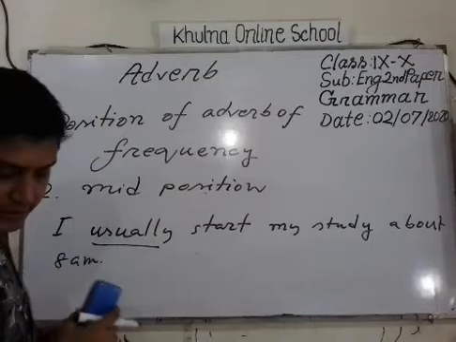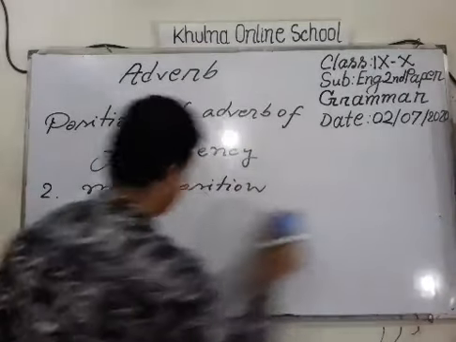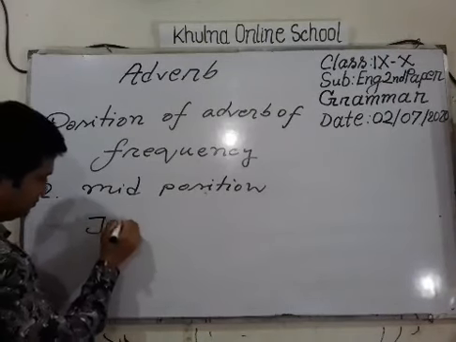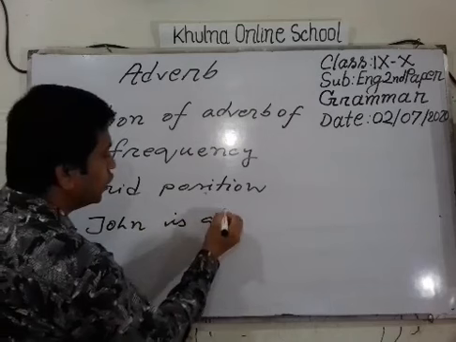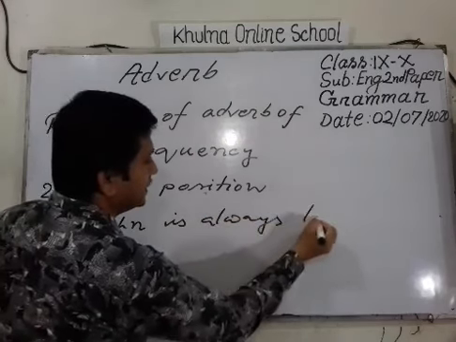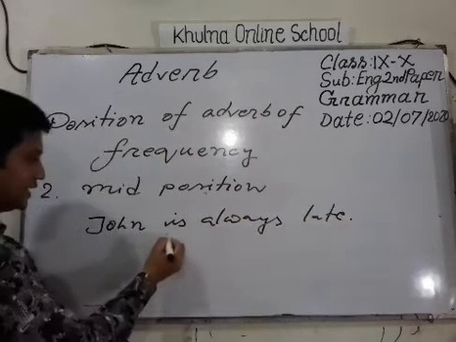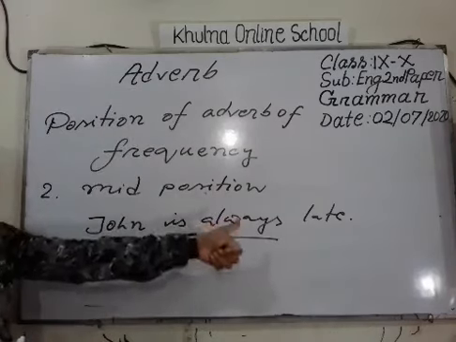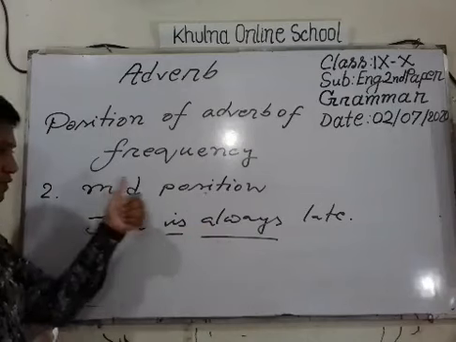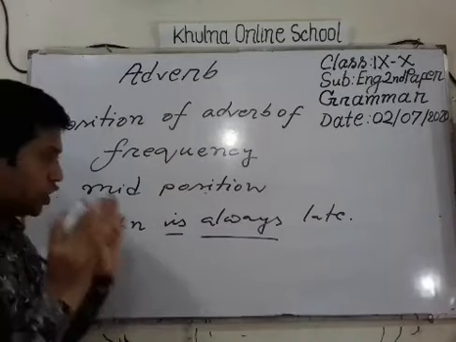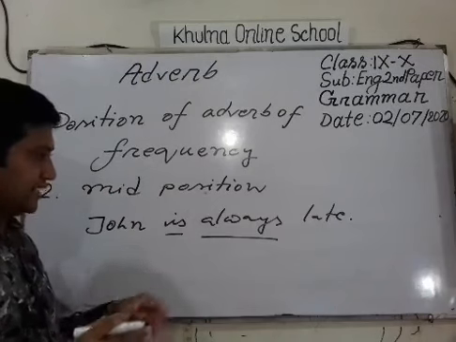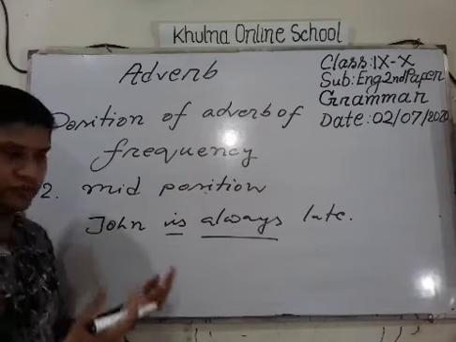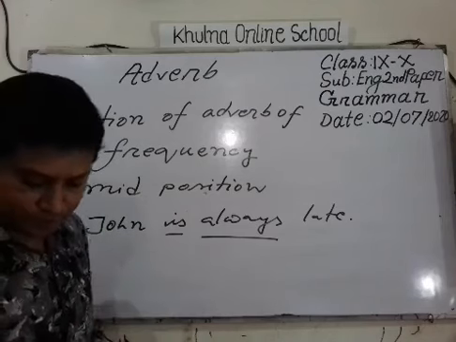Another sentence: John is always late. Students, after the auxiliary verb, John is always late. Mid position means in the middle of a sentence or clause, but it may be before the verb, after the verb, or between two verbs.